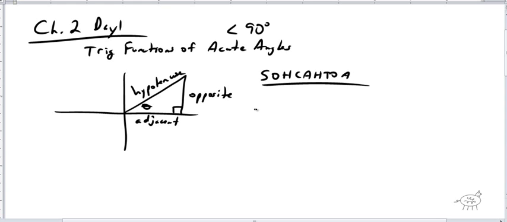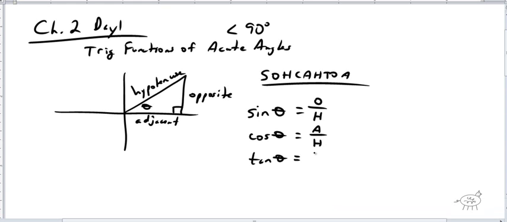Let's take a look at that. Sine of theta is opposite over hypotenuse, or we're just going to use the letters O, H, and A. Cosine of theta is equal to adjacent over hypotenuse. And tangent of theta is equal to opposite over adjacent.